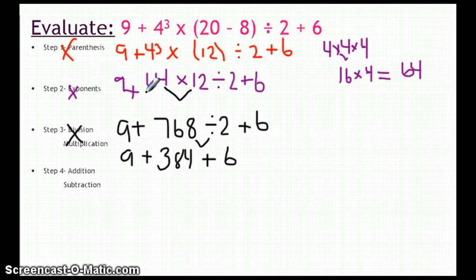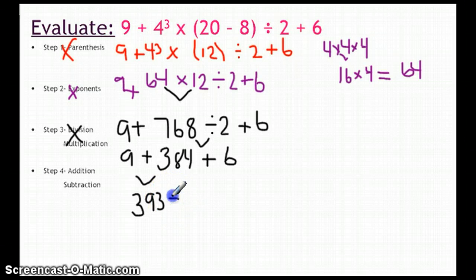Our next step in PEMDAS tells us that we need to add or subtract from left to right. So, reading from left to right, we have addition. 9 plus 384 is 393.